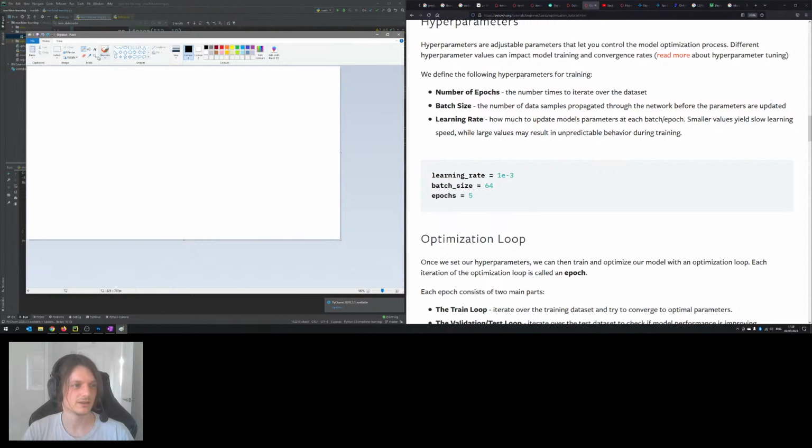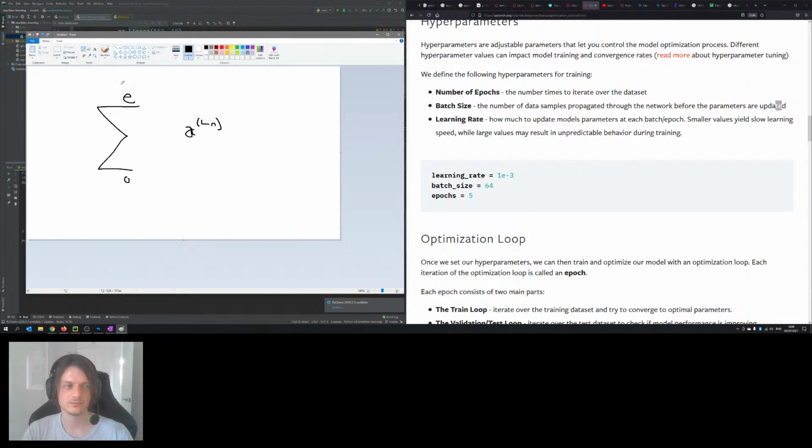So this is going to be for 0 to n, or we were calling it E for epochs. Number of times to iterate over the dataset. Batch size, the number of data samples propagated through the network before the parameters are updated. So that is for each layer, so that's activation of L. Let's call it L of n, or ln, like that.